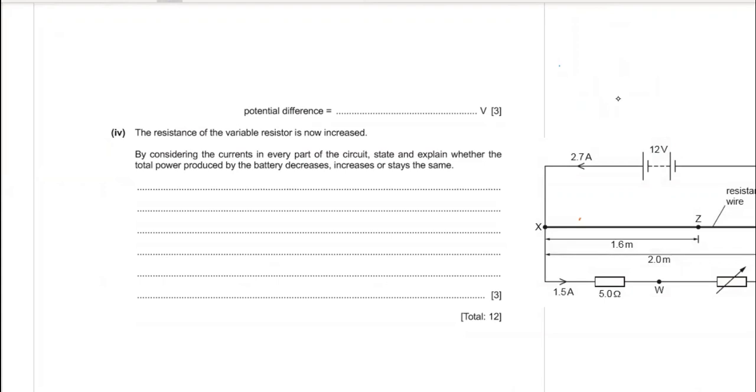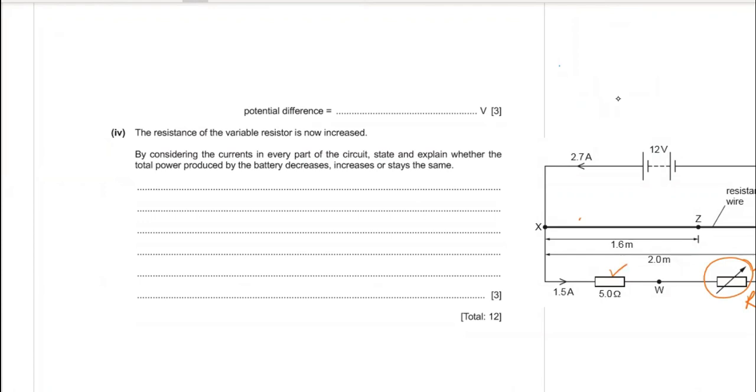If you look at this diagram, we can see clearly that if the resistance of the variable resistor is increased, if that R is increased, it means the current flowing through this fixed and the variable resistance will decrease.